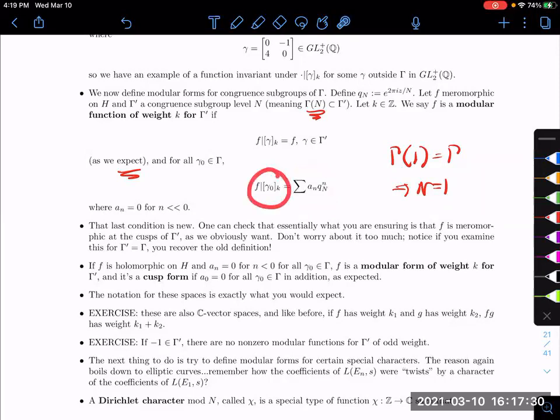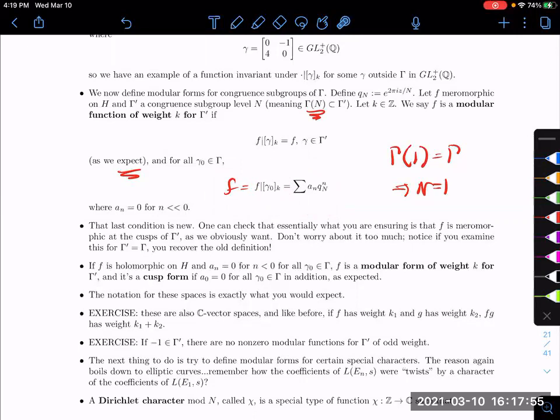And what would this side turn into? Well, it would stay the same. It would be f bracket gamma, but for all gamma in SL2Z. Okay, but if f is a modular form for SL2Z, this expression just equals f. And so we would recover the old power series condition on modular forms for the full group.